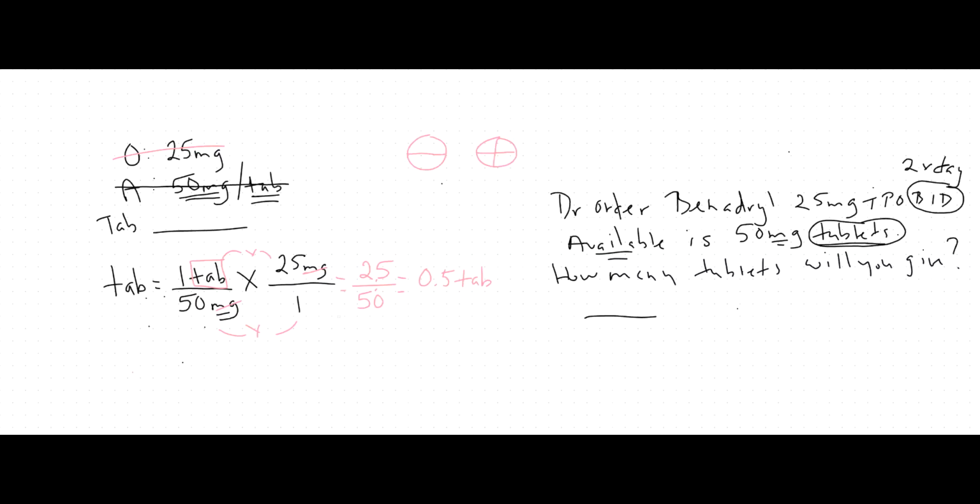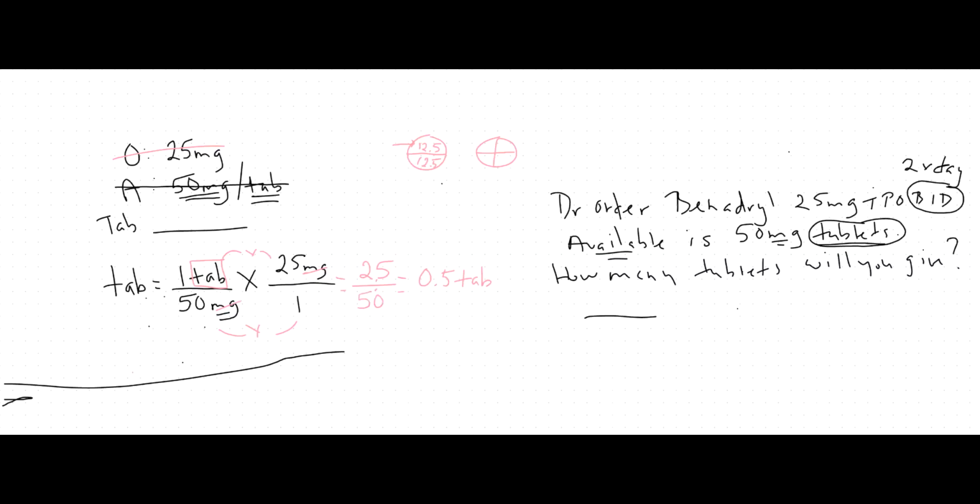Correct. If there's a score, that means there's 12.5, let's say for this Benadryl, on each side. Let's say this is not scored, because in real life, but not for testing purposes, not for NCLEX purposes, you're going to have medicines that are not scored that the doctors order you to give half of.